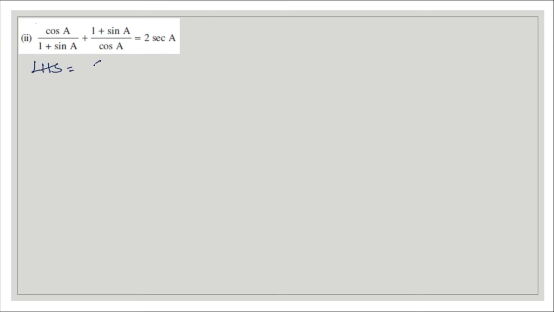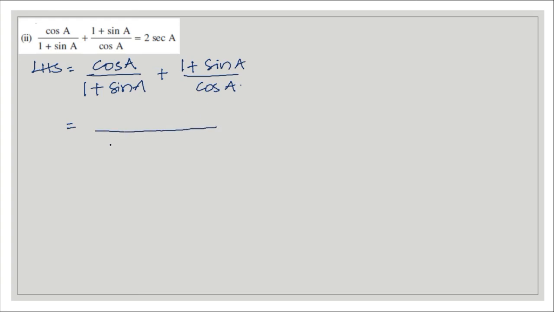In the left hand side, it is cos A upon 1 plus sine A plus 1 plus sine A upon cos A. Let us take the LCM. If the LCM is taken, we get 1 plus sine A multiplied to cos A. Here it becomes cos square A plus 1 plus sine A whole square.